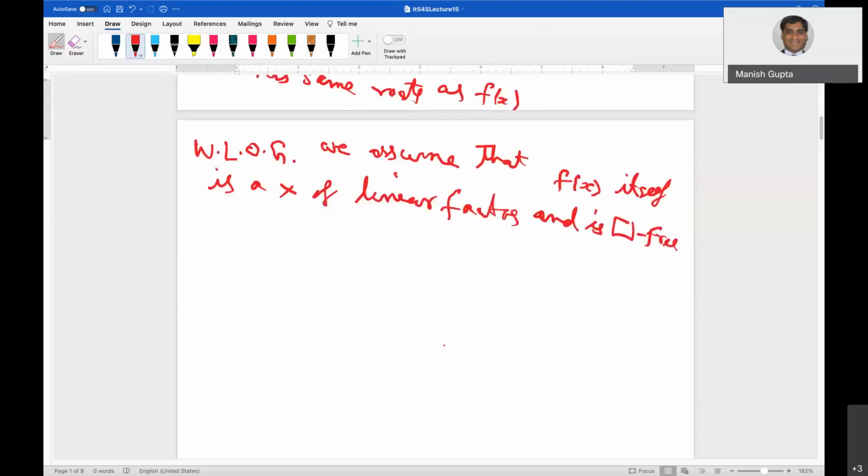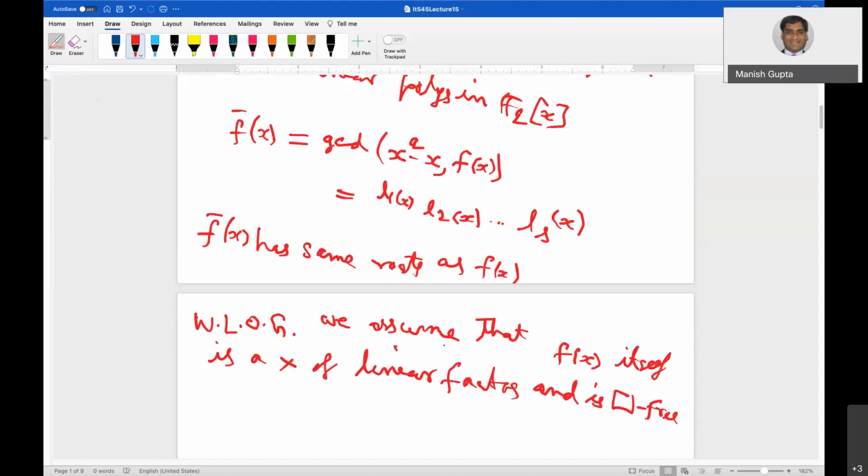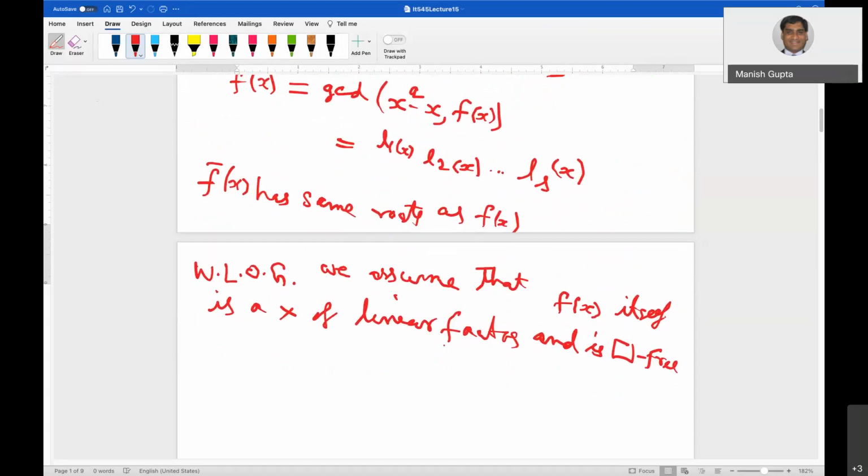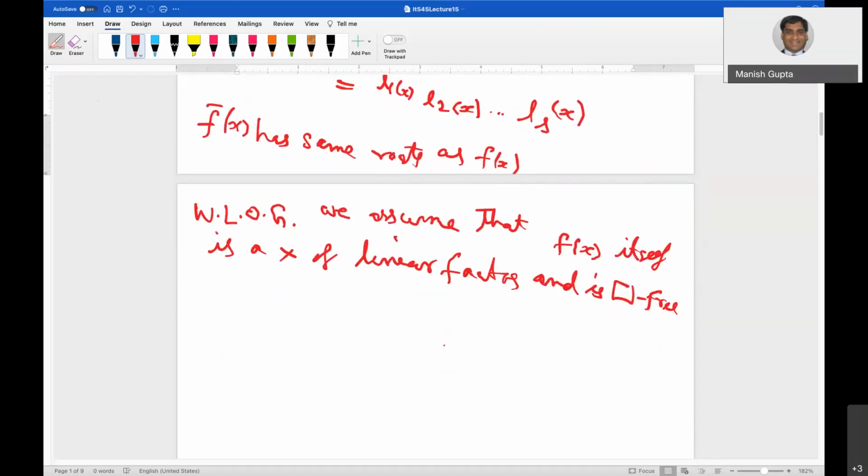Now, first I would like to describe our algorithm. I will try to give you an algorithm for finding roots of a polynomial in F_q[x], provided f(x) is a product of linear factors.